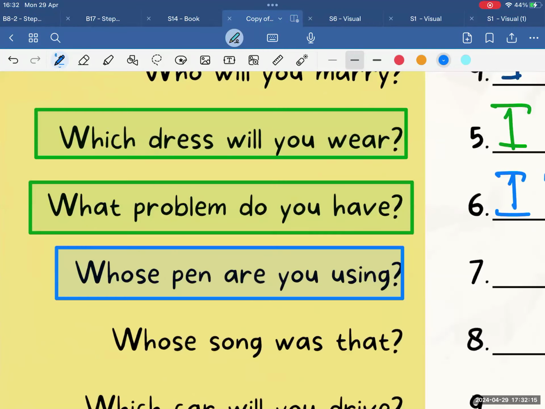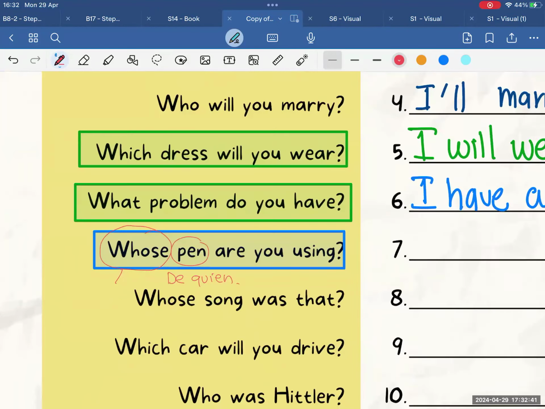Pues es como, ¿cómo cuál? Sí, pues ahí se traduce qué bolígrafo, qué pluma o bolígrafo estás usando. Ajá, que en vez de que, este whose va a ser de quién. So, la pluma de quién are you using? Something like that. Whose pen?